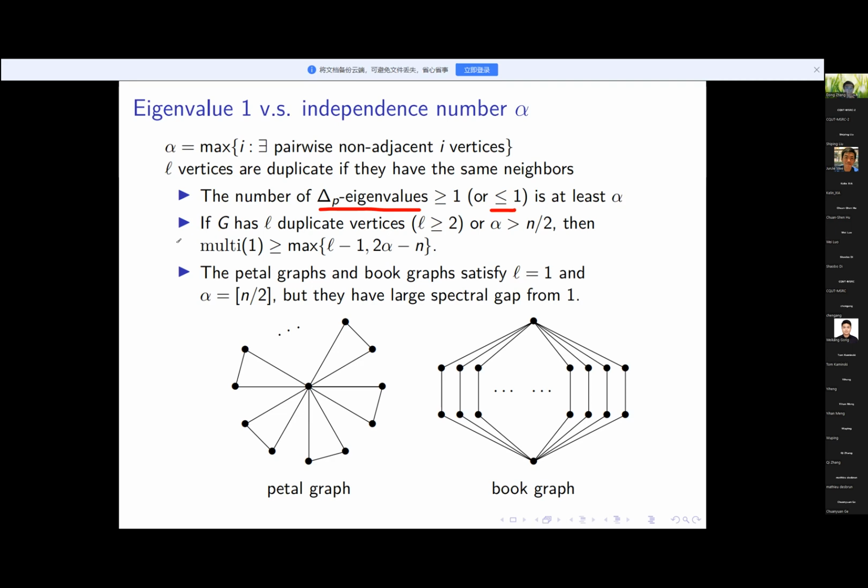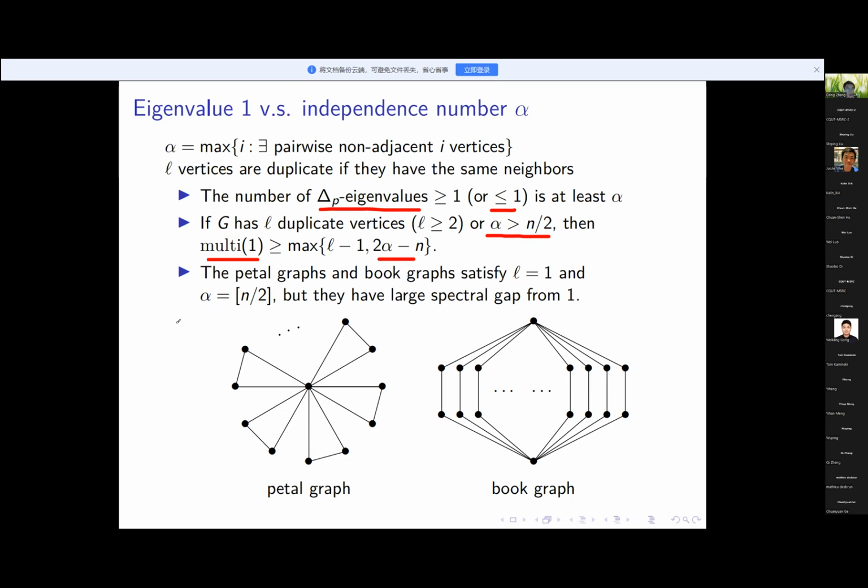And if G has L duplicated vertices, or the independence number alpha is larger than n over 2, then the number 1 is an eigenvalue of any p-Laplacian on graph G, and its multiplicity is at least the maximum of L minus 1 and 2 alpha minus n.